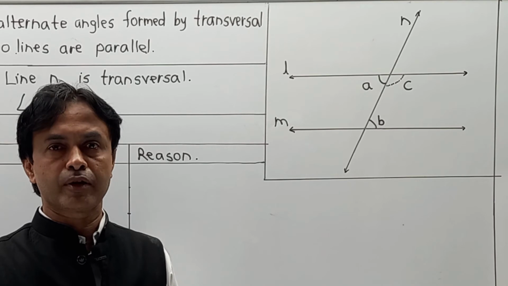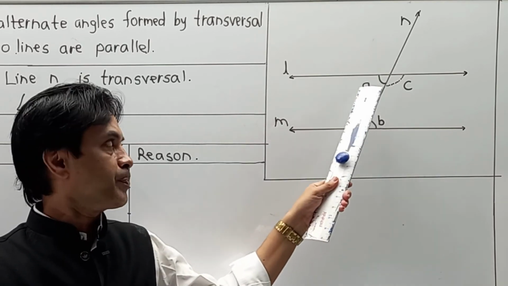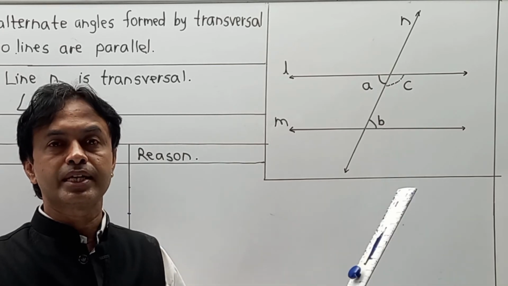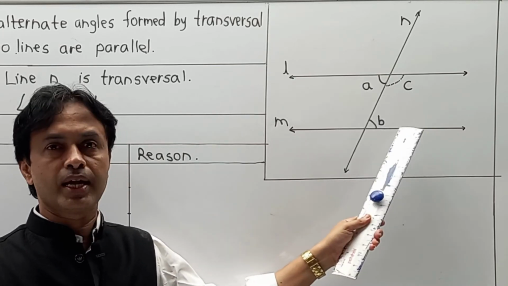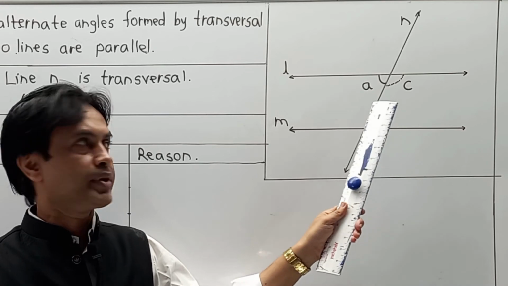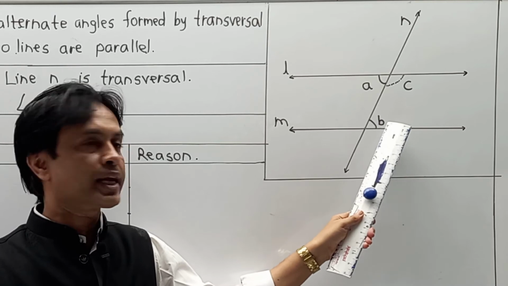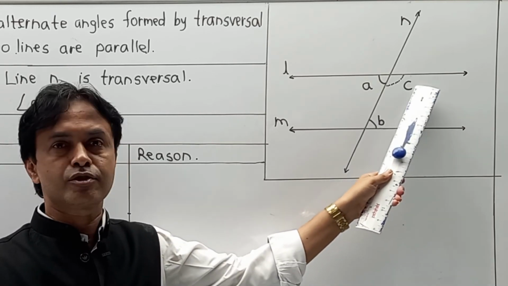Reason, linear pair of angles. They have also given angle A equal to angle B. So our second statement becomes angle A equal to angle B. In the third part, if A plus C is 180, naturally we can remove A and write B over there. B plus C is also 180.